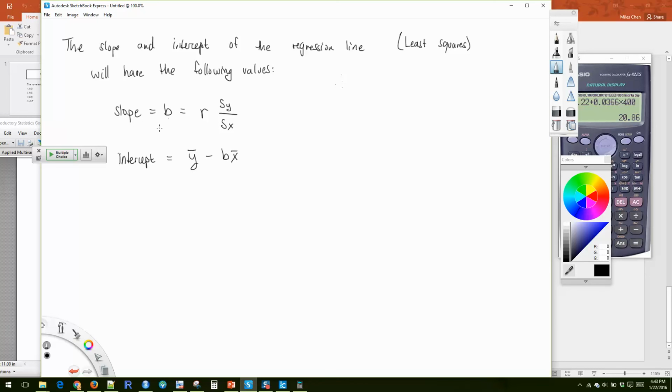And so to calculate your slope and intercept, you need the following five values from your data. Okay. r is the correlation between x and y.